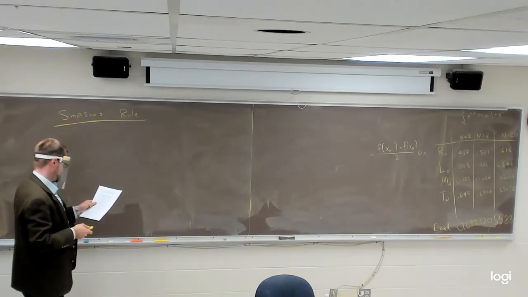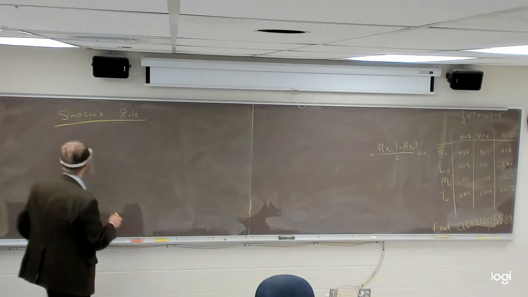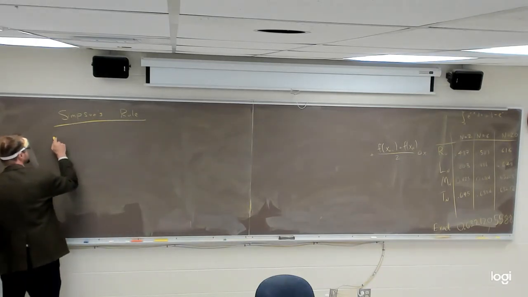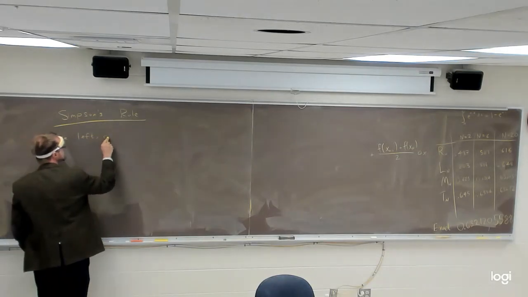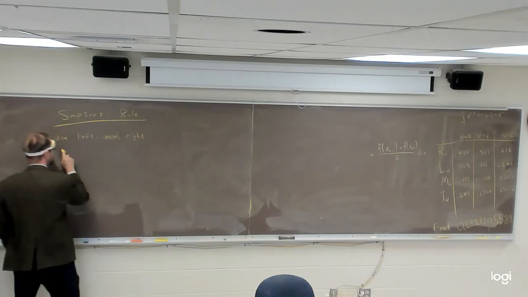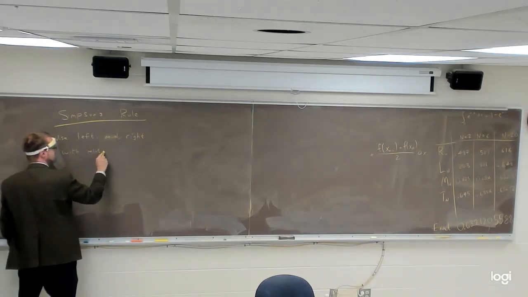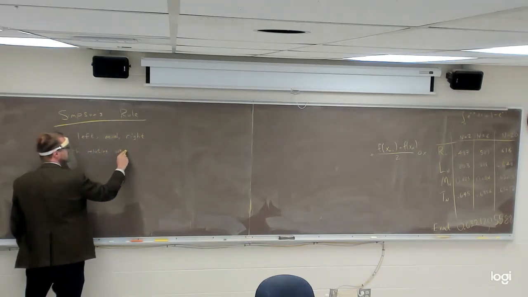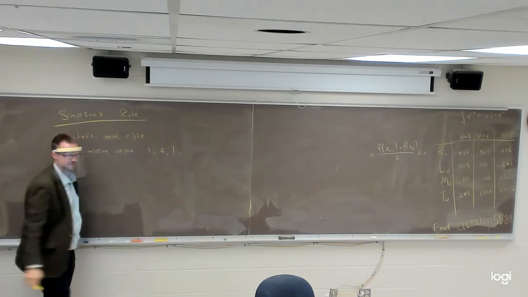Where do these coefficients come from? Simpson says use left, middle, and right, with relative weight 1, 4, 1.